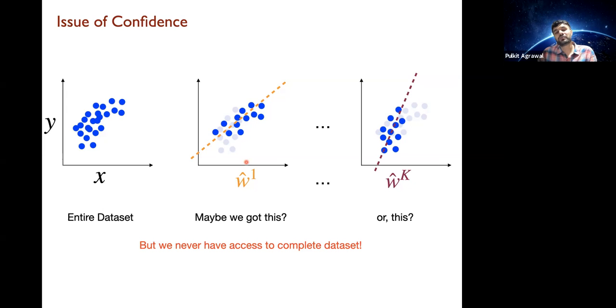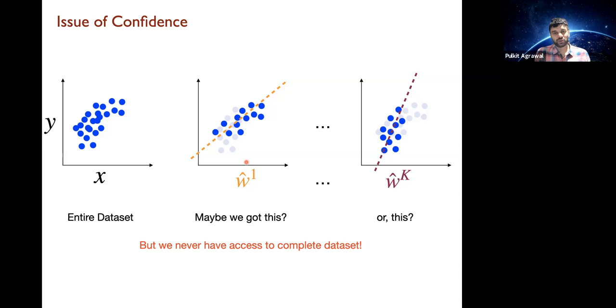So we want to be confident that the critic that we have learned is actually modeling my true critic. Because we have only sampled a subset of states and actions, my critic may not be accurate. So we might want to know how confident I am in the value estimate of the critic.